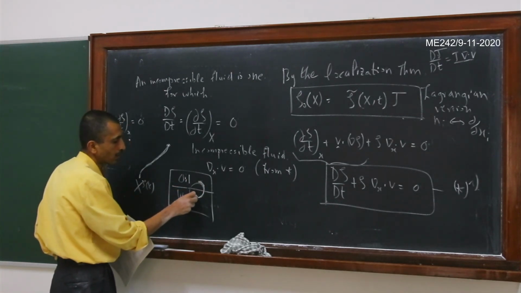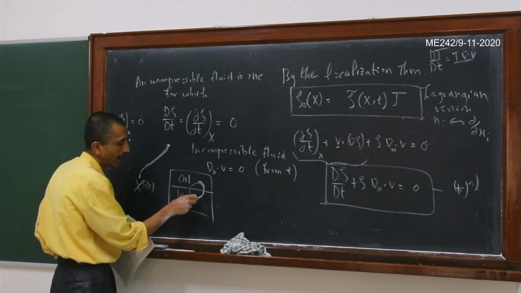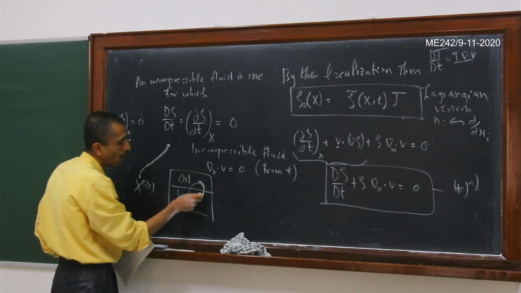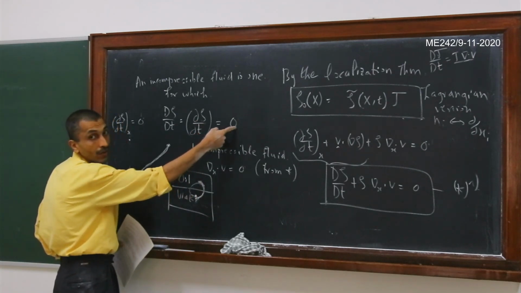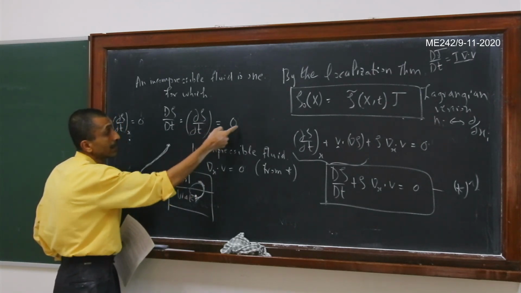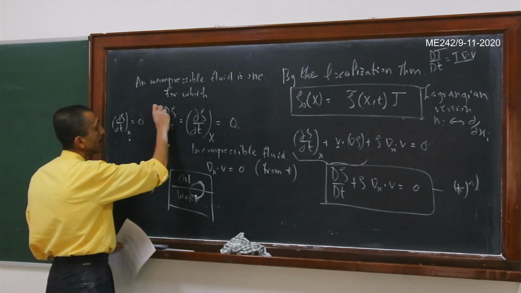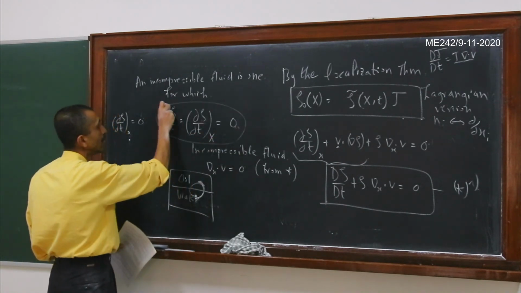So incompressibility doesn't mean that you are monitoring the density at a particular location in space. What you are monitoring is that as some particle evolves, the rate of change of that density is equal to 0. So this is the correct way to define incompressibility.